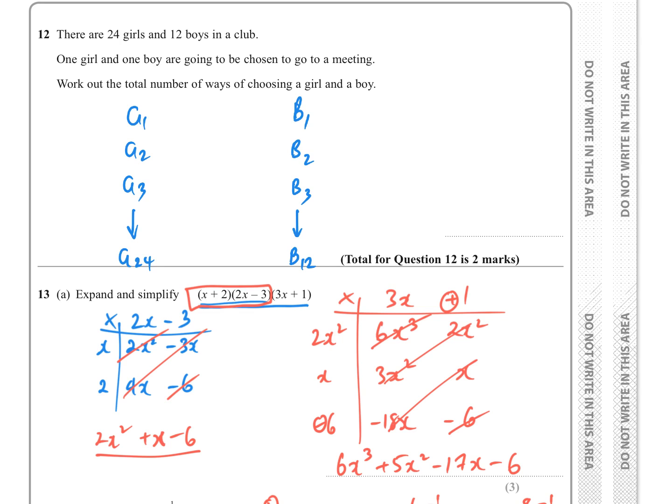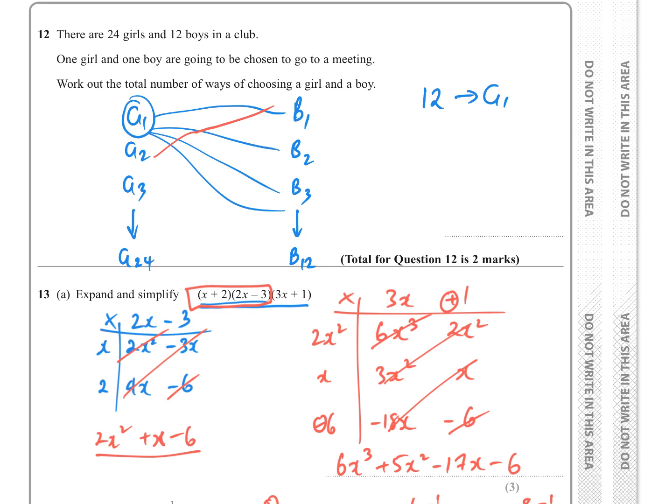So the first girl could choose to be paired up with any of these 12. Okay, so there'll be 12 ways for girl 1, and then can you see there'll be 12 ways for the second girl as well, and there'll be 12 for each of the 24.